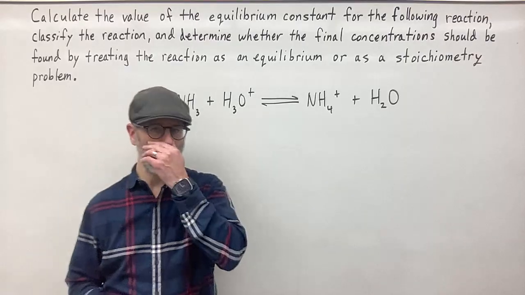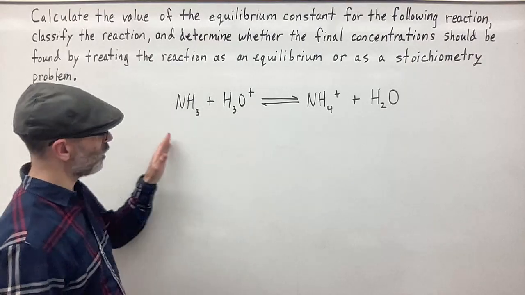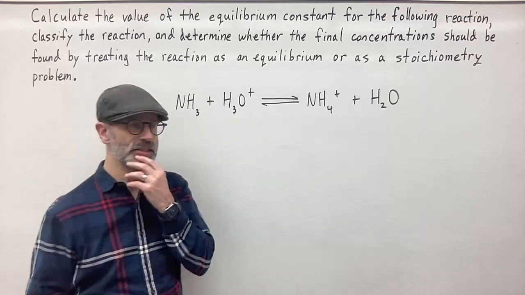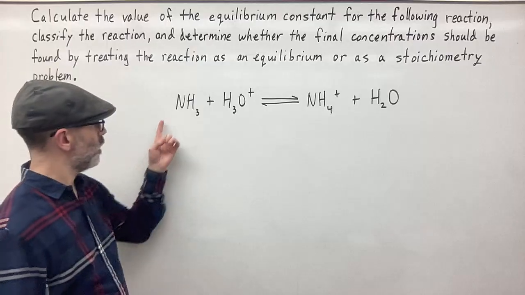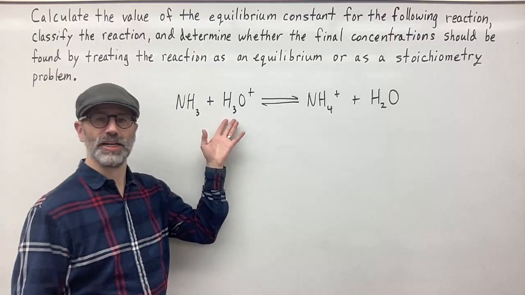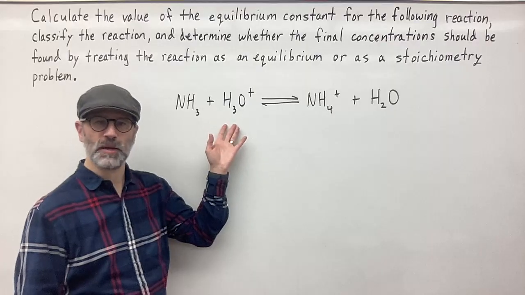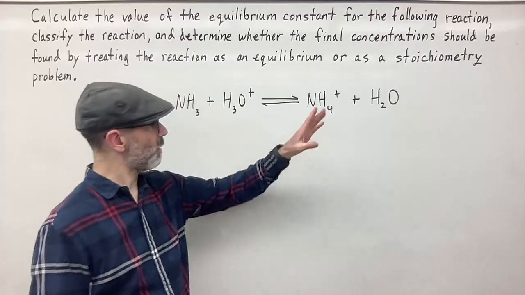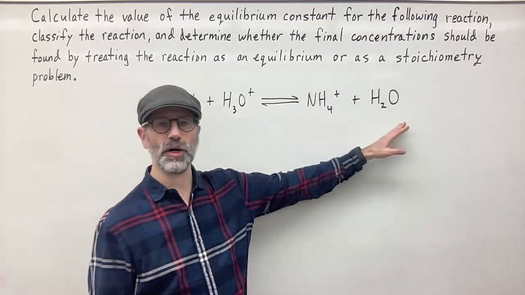Okay, so here, this is our equation. The first thing you should recognize is that it looks like we have ammonia reacting with hydronium ion, or H plus, and that's giving rise to the ammonium ion and water.